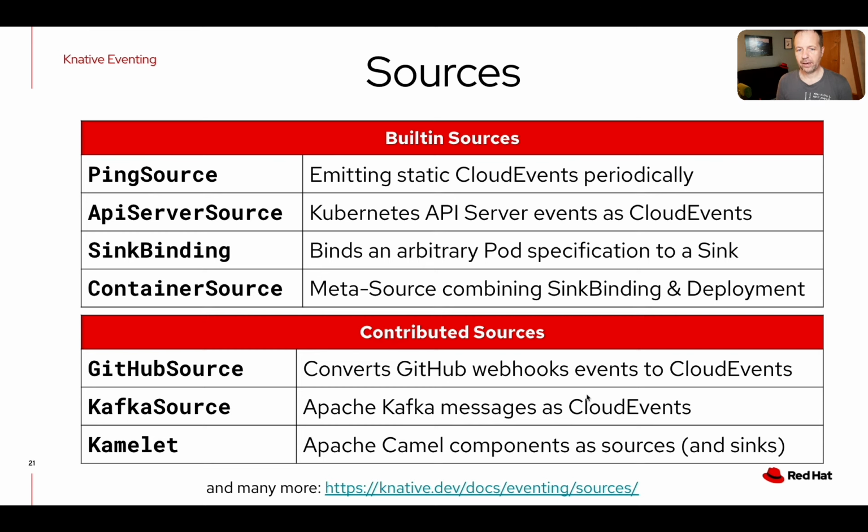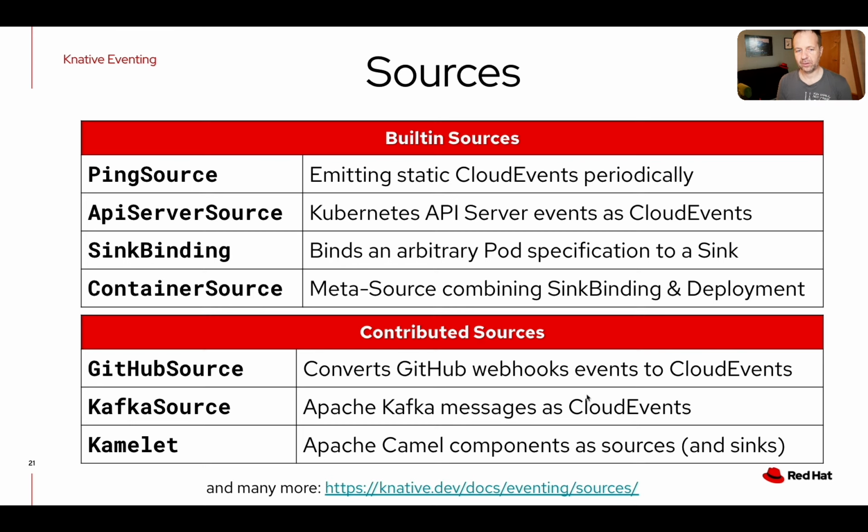So if your application is ready for that and just checks for this environment variable, which is called K_SINK, then it can just push events to this URL. The container source is an abstraction layer higher, which just combines the sink binding and the deployment. The description for your container is also part of this CRD.